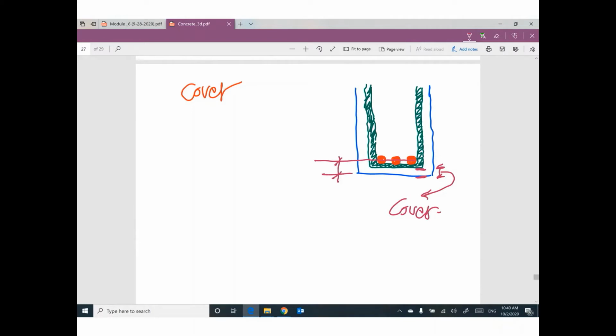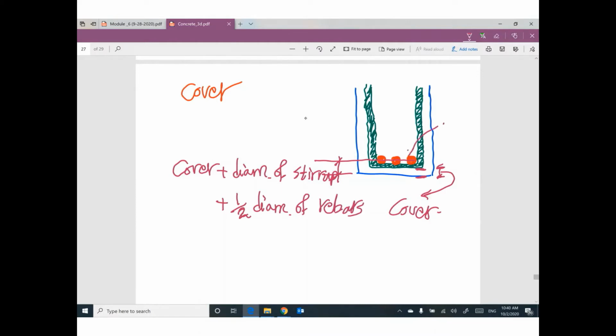So cover plus diameter of stirrup plus half diameter of these rebars.